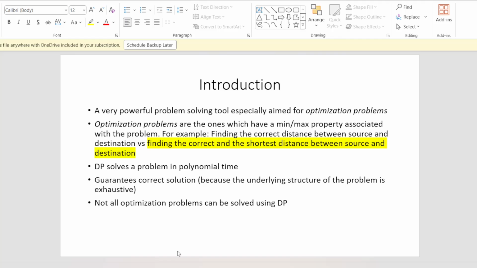The underlying structure or the mechanism of DP is to pick the optimal solution out of many feasible solutions. মানে হচ্ছে একটা প্রবলেম দেওয়া আছে, সেই প্রবলেম আমরা মাল্টিপল feasible solution থেকে সেটা বেস্টটা পিক করবে. Something like brute force, okay? And that's the reason why DP always guarantees a correct solution. But the bad thing is, or the sad part is, not all optimization problems can be solved using DP. The reason we will find out.